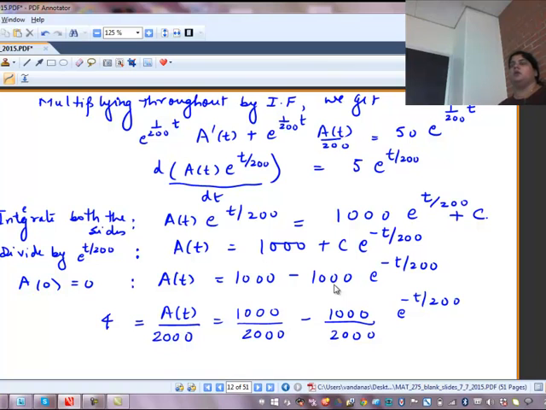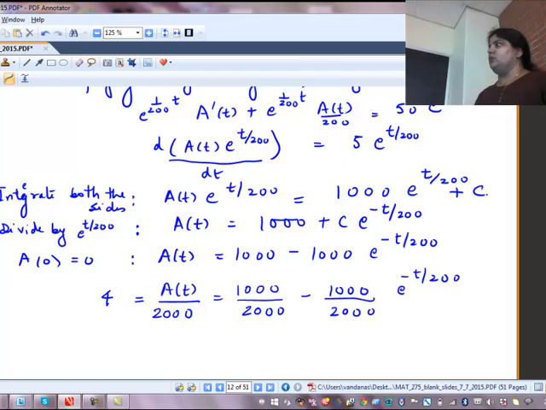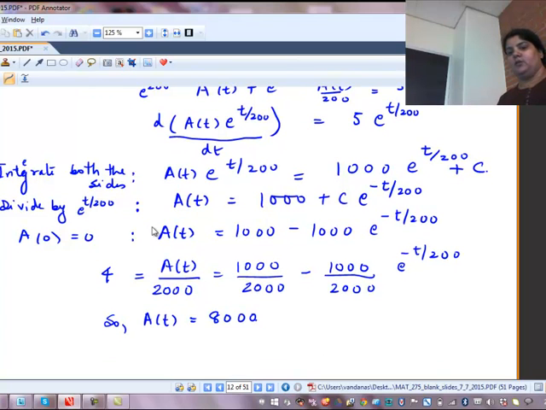So do you want me to do it, or can you do it? A(t) has to be 8000, and if we plug 8000 up here, we will be able to get the time. So 8000 divided, so it's 8 equals 1 minus e to the power minus t over 200.